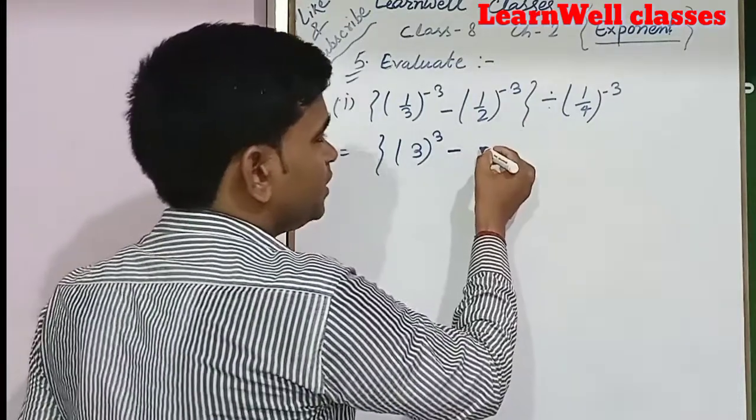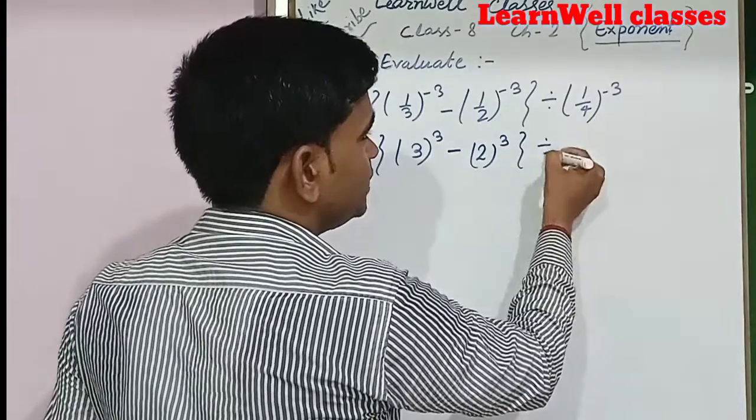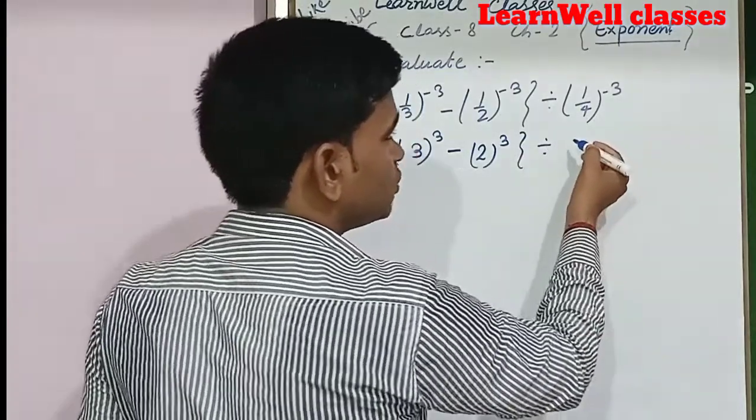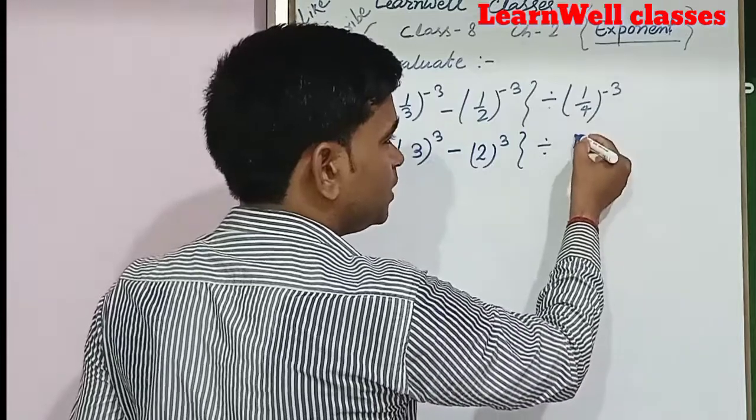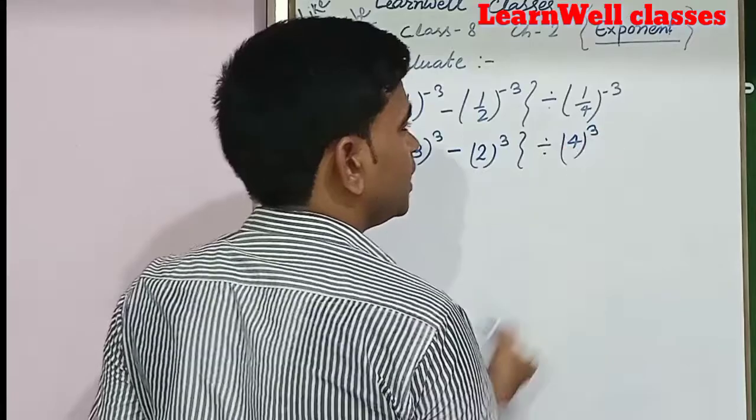The 2 raised to the power minus 3 will also be reversed, and the divided term with a minus exponent will be reversed to 4 raised to the power 3.